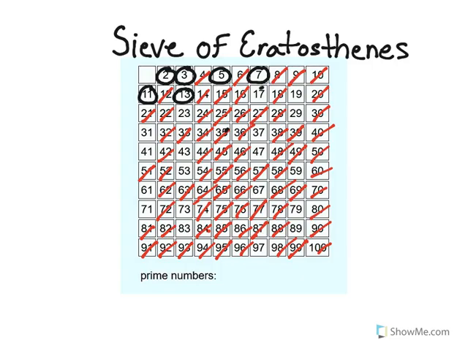Then you can see 17 and 19 are other prime numbers, 29, 31, 37, 41, 47, okay?